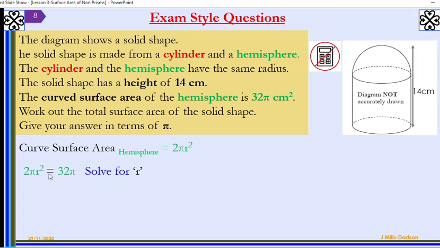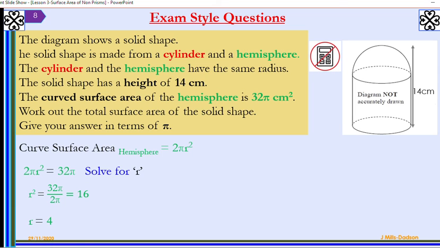Making r the subject, you divide through by 2 pi on both sides. So you're going to have 32 pi over 2 pi, which gives you 16. To solve for r, you find the square root of both sides, and the square root of 16 gives you positive 4. So the radius is 4 cm.